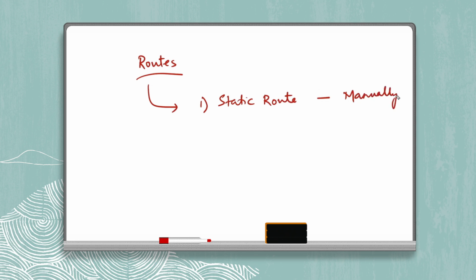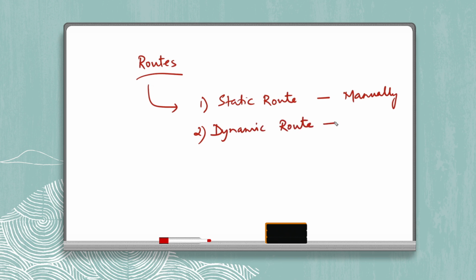Now, there are two types of routes that we can have inside a dynamic routing gateway. The first is a static route. A static route is something that you create manually. And secondly, there is something called a dynamic route.